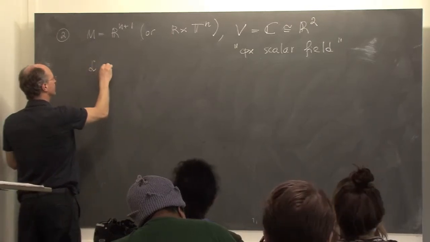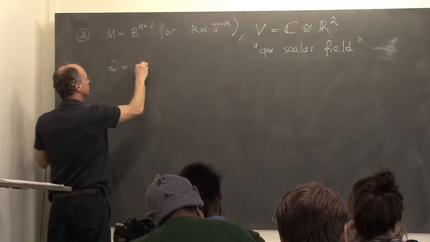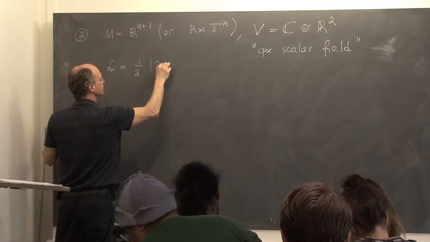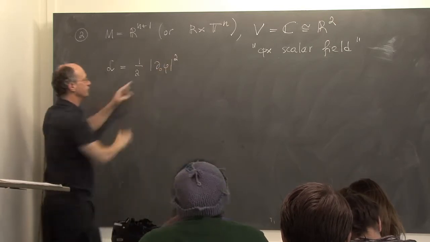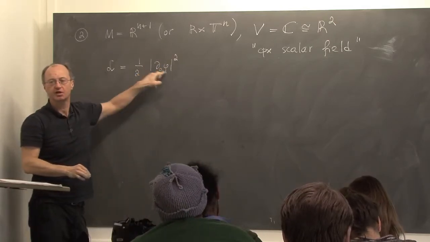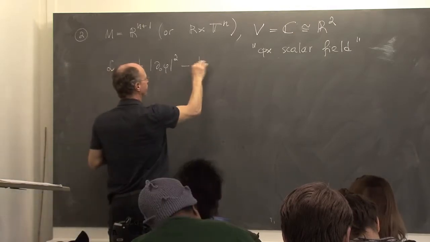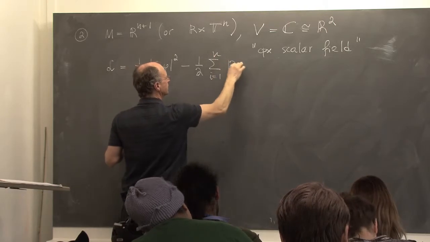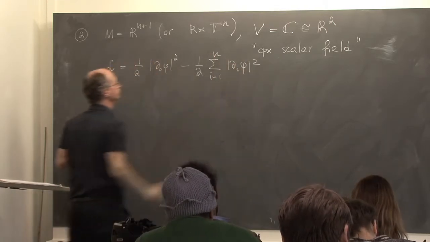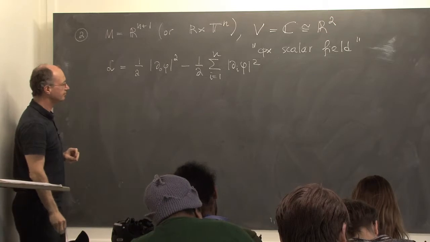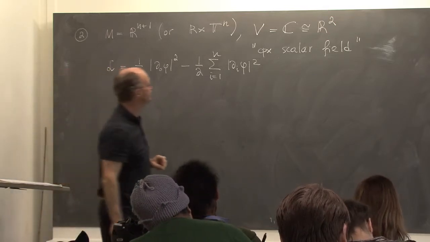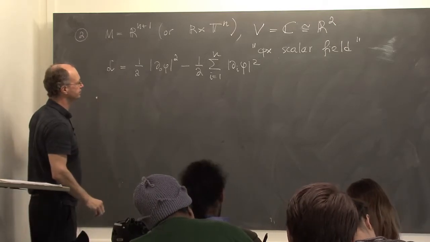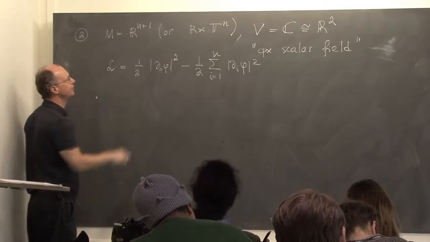So the Lagrangian is going to be rather similar to what I wrote before. The only thing is I will write absolute values squared instead of squared. So the sum from 1 to n of |d_l phi| squared. What about the symmetry? So let me start with a group action.